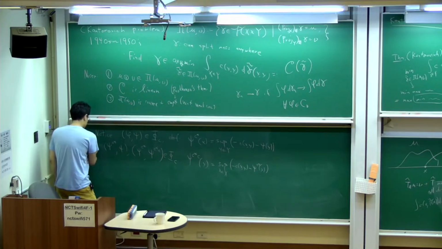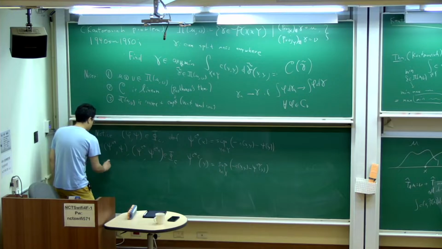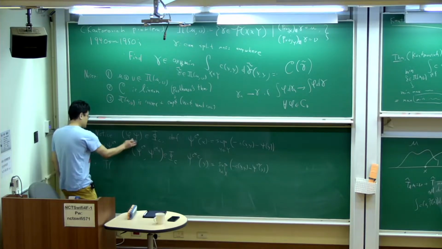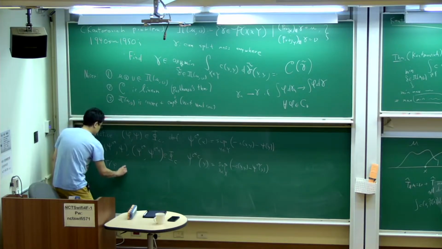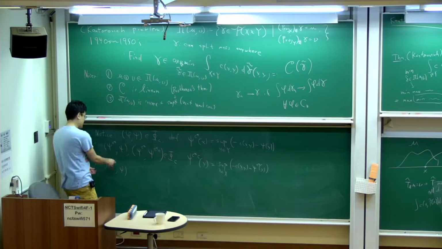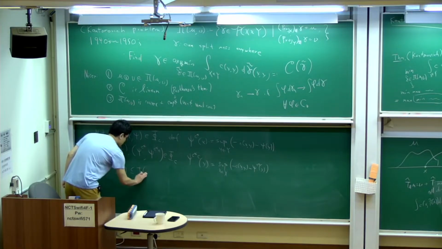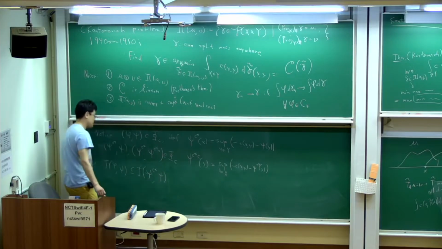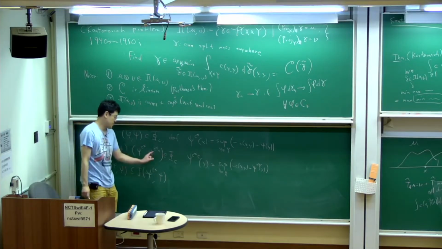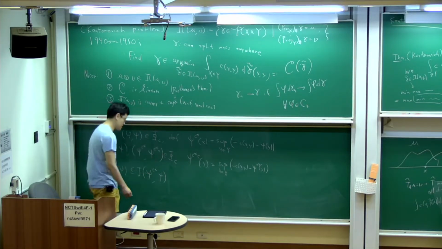And if I take J of the original pair, well, if I replace phi by this guy, the value will increase. And likewise, if I replace psi by this double transform, the value will increase again.